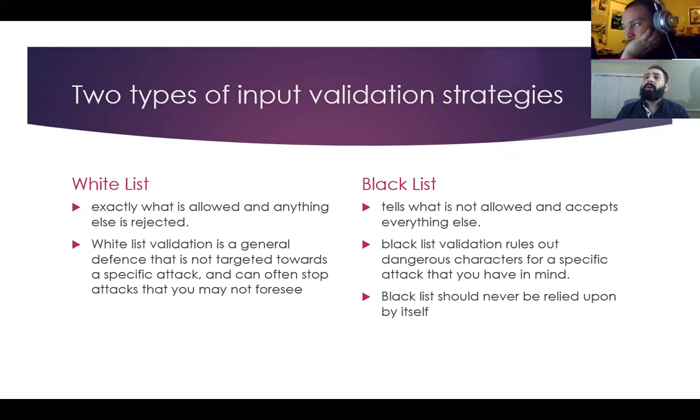A blacklist tells what is not allowed and accepts everything else. A blacklist rules out dangerous characters for a specific attack that you have in mind. So technically, what is the meaning of that? I can say accept everything and reject only these words.